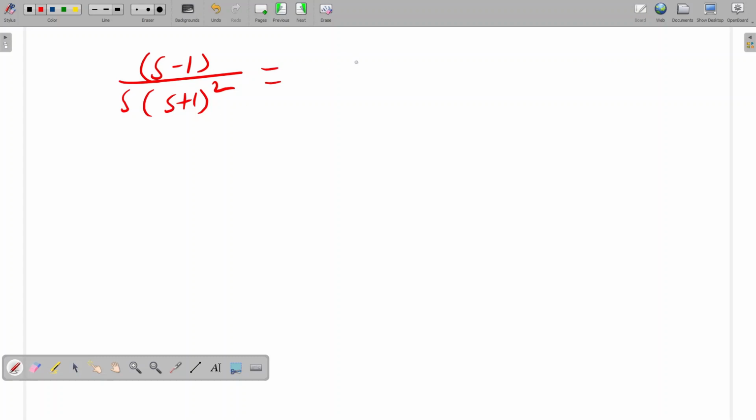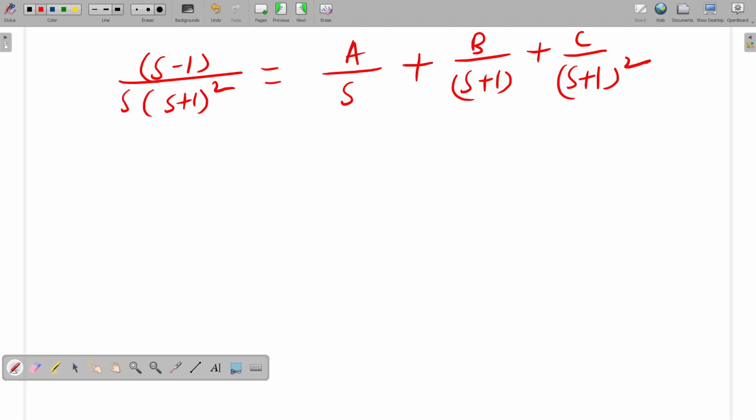We can write it as A by s plus B by (s plus 1) plus C by (s plus 1) whole square. This (s plus 1) whole square term is there, right?